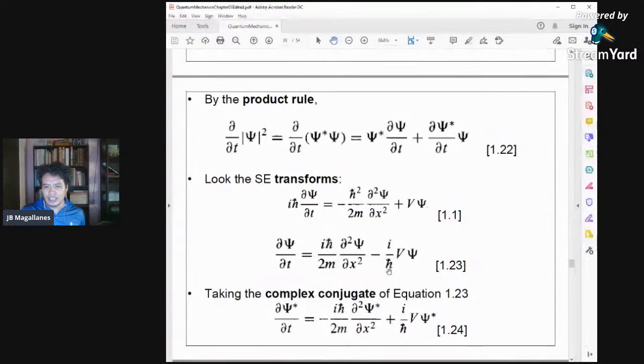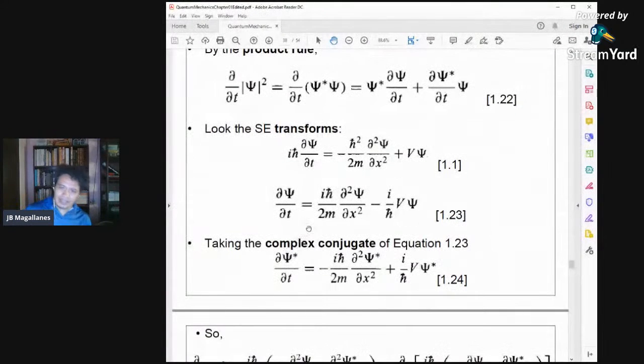And then here you have i h bar. If you divide this by i h bar, again if you transfer the i to the top, it becomes negative. So this is still the Schrodinger equation, just transformed.